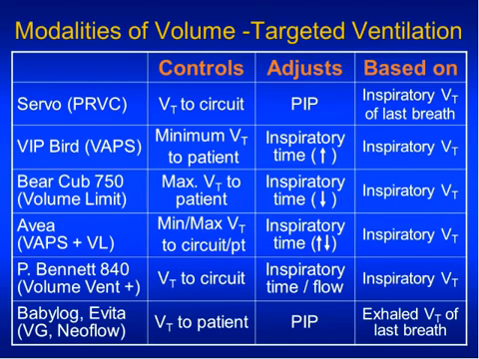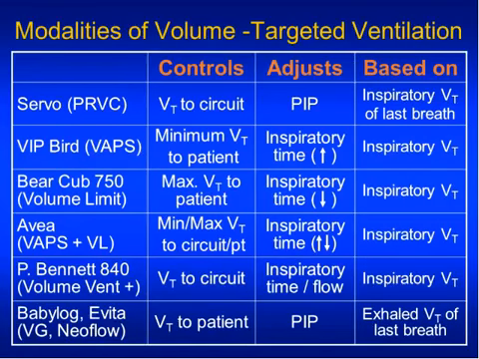And I'm not going to go through all the different devices and how they achieve it. Increasingly, the newer devices and some of the older devices are adding this modality. Things seem to be gravitating toward the basic concept of volume guarantee ventilation, which I will explain in a moment.